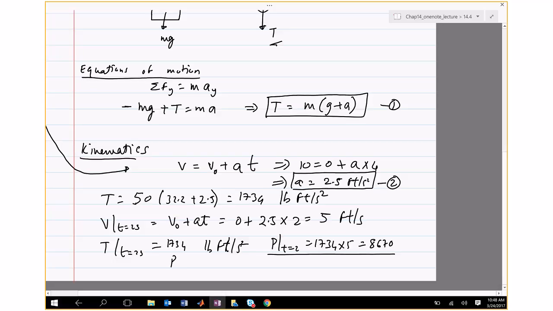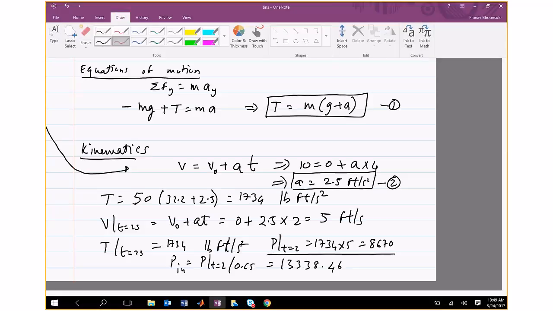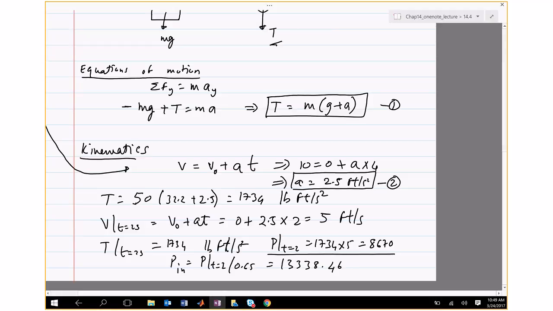But now I want to find the actual power. The actual power is the input power. The input power is the power at t equals 2 seconds divided by 0.65, and that comes out to be 1338.46.